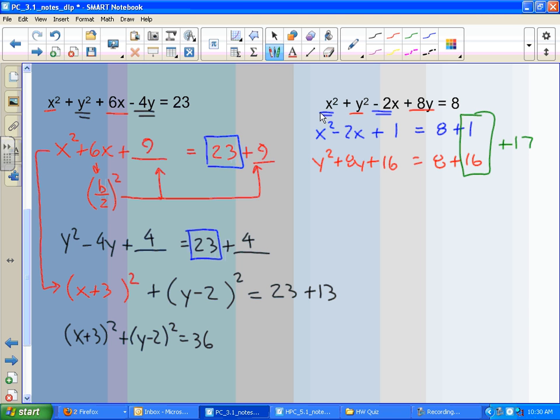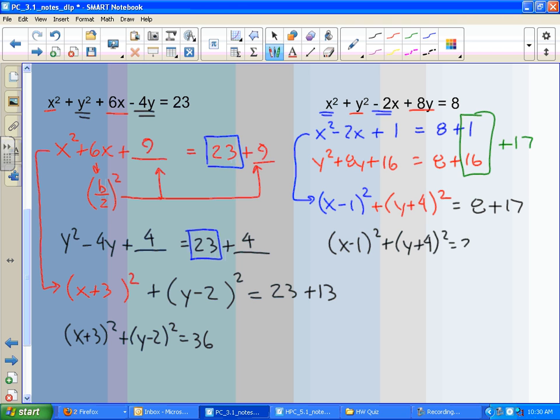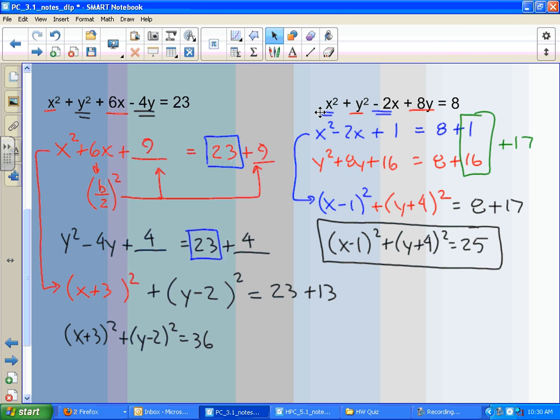And so it looks like we're going to get... this is like x minus 1 squared plus y plus 4 squared, and then equals 25. Is that your answer? I think Miss Christina was correct. X minus 1 squared, y plus 4 squared.